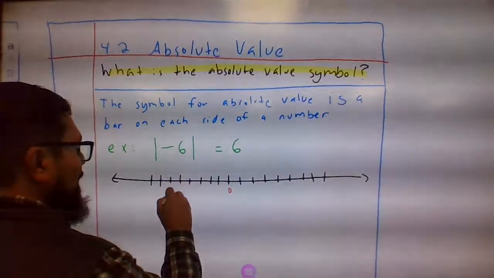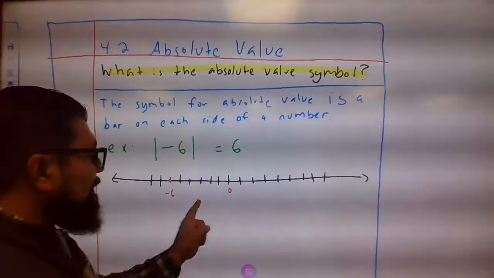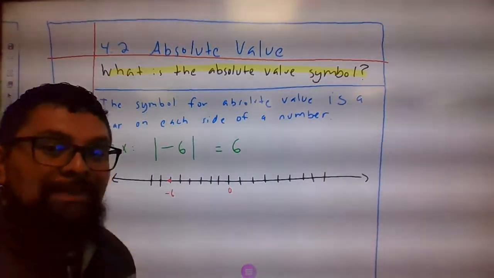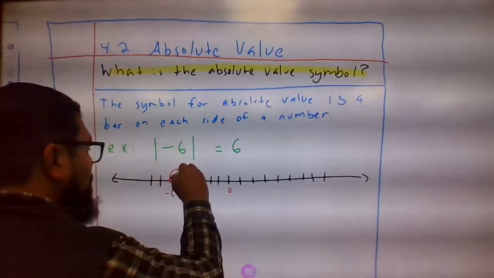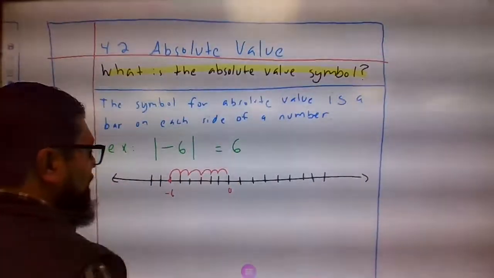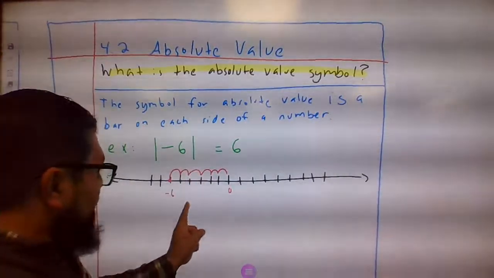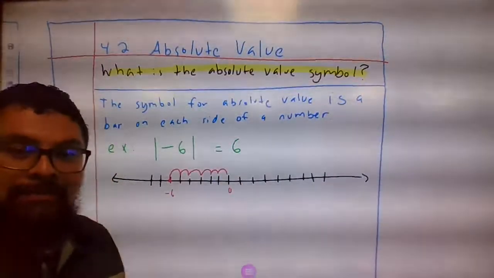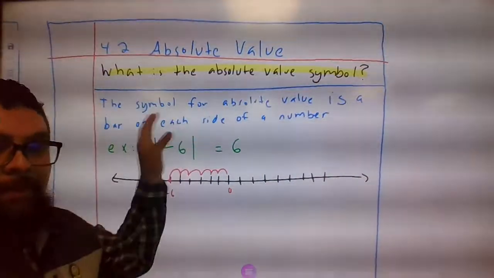So here's -6, right here. What's the distance of -6 to 0? The distance is 1, 2, 3, 4, 5, 6. There's the distance. So the absolute value of -6 is 6. Make sure you guys are copying this down, okay?